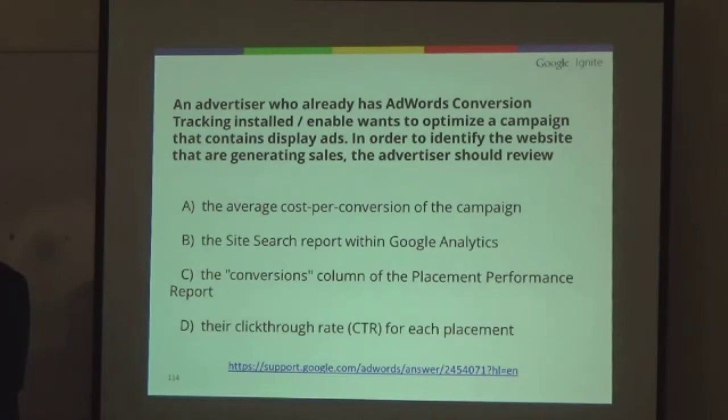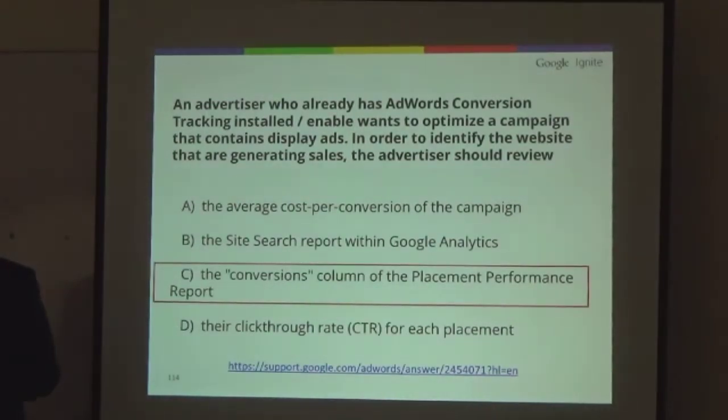Generating sales means conversion, right? So ideally, we are looking at C, the conversions column of the placement performance report. This is where we look to see what sites our ads are getting shown on and whether conversions happen and on which sites. So this is a column that you should look into.